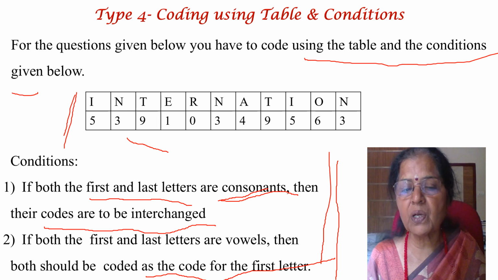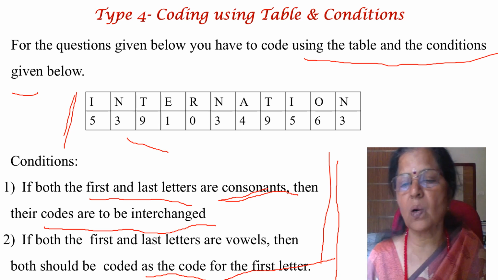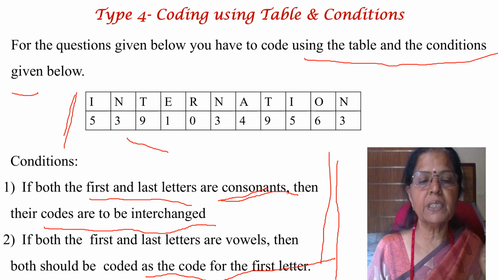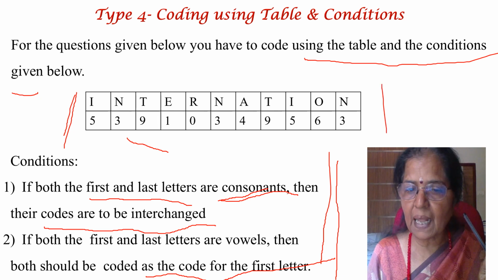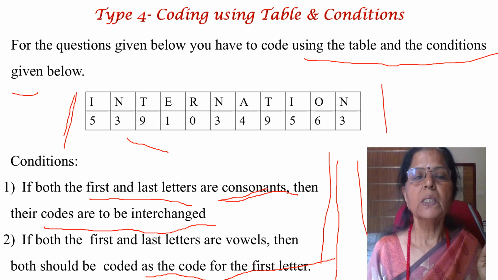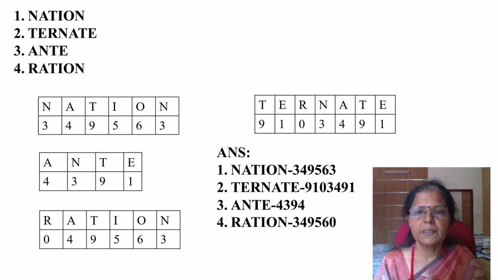You have to give the code for the first letter to the last letter also, if both are vowels. So these are the two conditions. So you have to make use of this table and these conditions. We will see the words. See, these are the 4 words given for which you have to make use of the table as well as the conditions. See, the first word is nation.